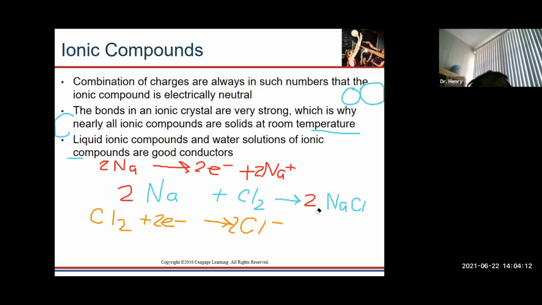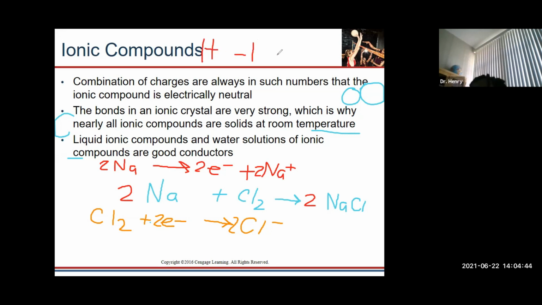That's an ionic compound. The total charge on it now, since you have a plus and a minus coming together, is going to be what? If you have a 1 plus and 1 minus, let's do the math. We have a +1, and we have a -1.